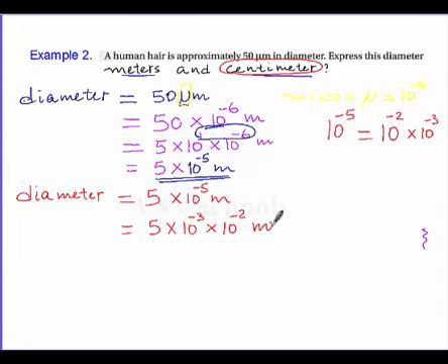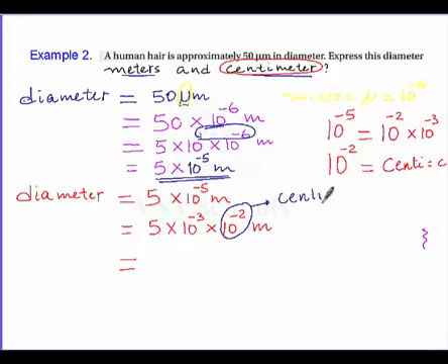Now we know from the prefixes that 10 to the power of negative 2 can be written using the prefix centi, which is c, because centi is a prefix which refers to 10 to the power of negative 2.